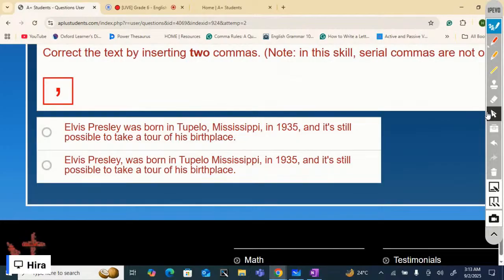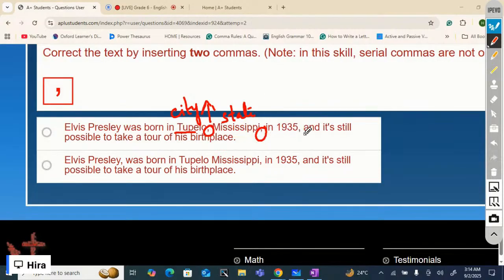Well, the first one is correct because Tupelo is the name of the city, and Mississippi is the name of a state. So you know the rule: use a comma after the city, and use one more comma after the state if it doesn't end the sentence.